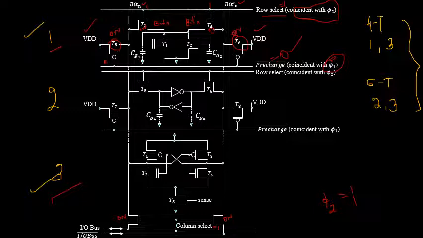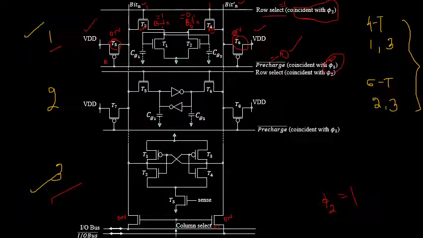Suppose I assume that the bit n signal was equal to 1, so obviously the bit n complement signal would be equal to logical 0 state. Now if you see in this particular circuit diagram, here it is 1 whereas here it is 0.